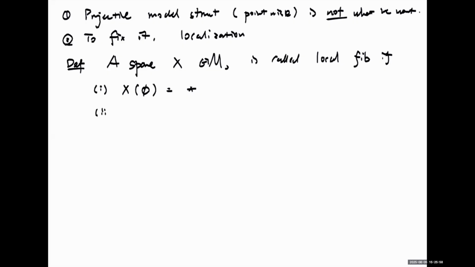Then for any W inside Sm over S, X of W is fibrant in the sense that this is in pointed simplicial sets, and in the Quillen-Kan model structure, this is a fibrant object.